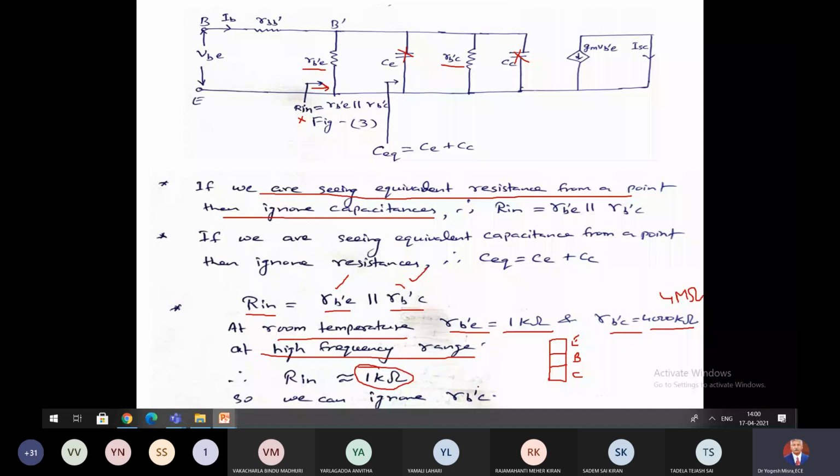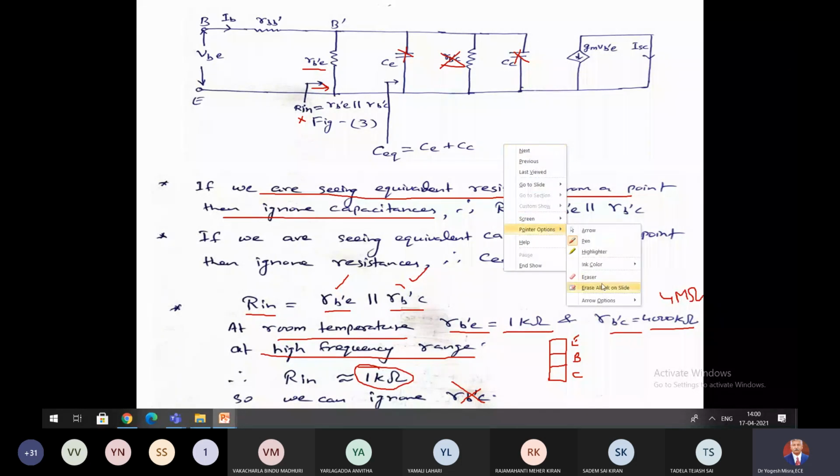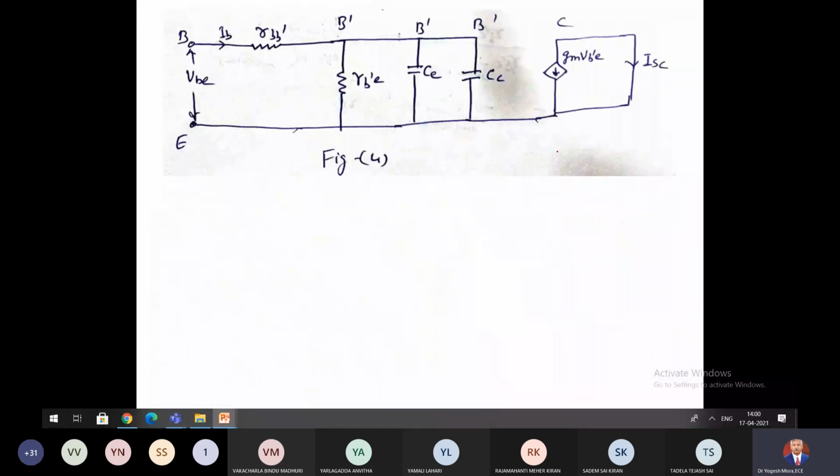So you can ignore RB'C. This RB'C can be ignored. So we will get this figure now, where I have ignored RB'C.